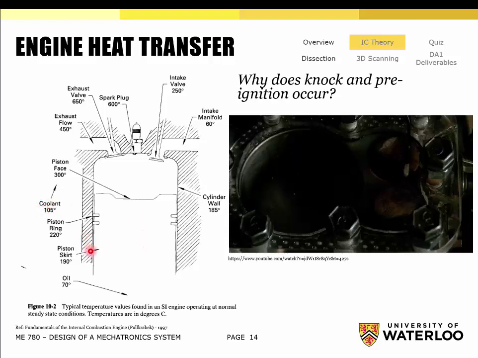The piston skirt, which is the lower part of the piston, is only 190 because it's further away from the combustion gases. And then the oil that's all the way at the bottom of the engine is about 70 degrees Celsius, and it's about the same temperature as the intake manifold because it has some airflow that's going around it.